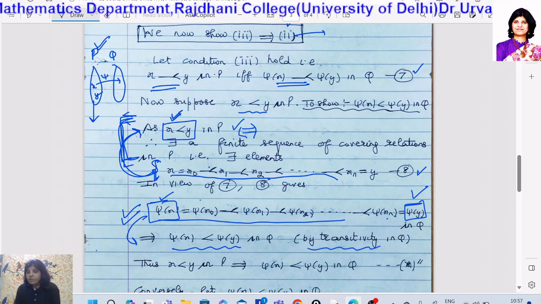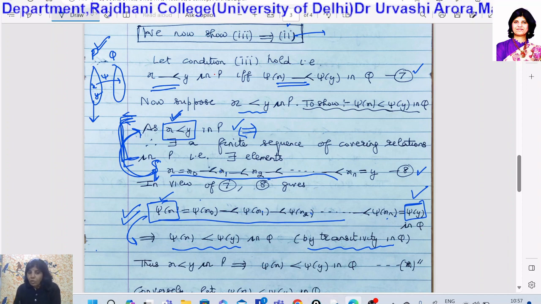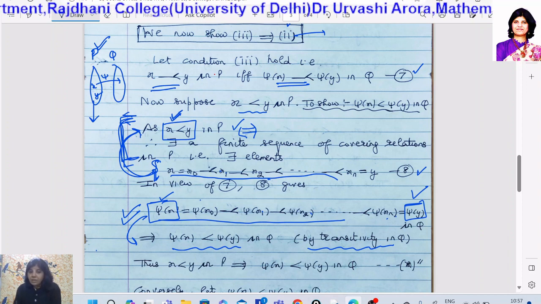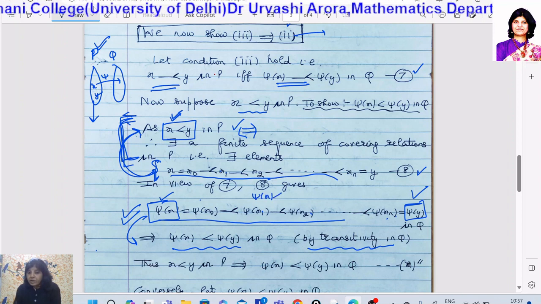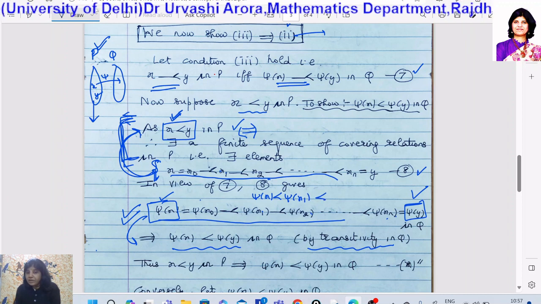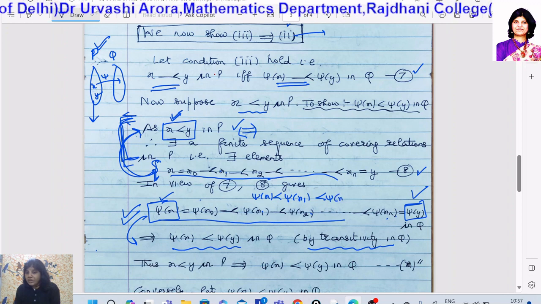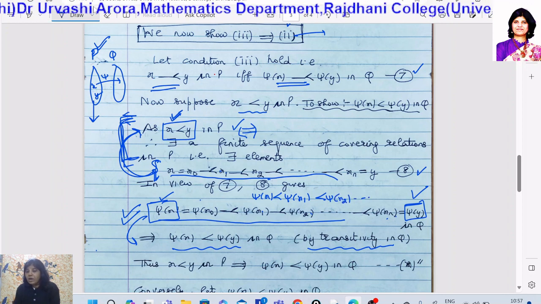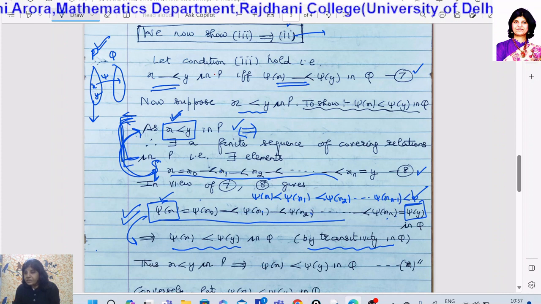The other way of giving the argument is by transitivity in Q, because all these are covering relations. Psi x is covered by psi x1, so definitely psi x is strictly less than psi x1, and psi x1 is again covered by psi x2, so psi x1 is strictly less than psi x2, and so on. This is strictly less than psi x minus 1, and this is strictly less than psi y.